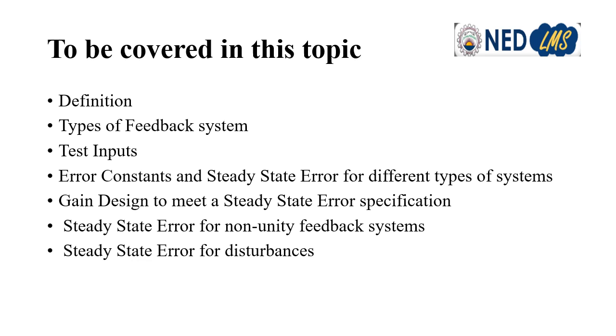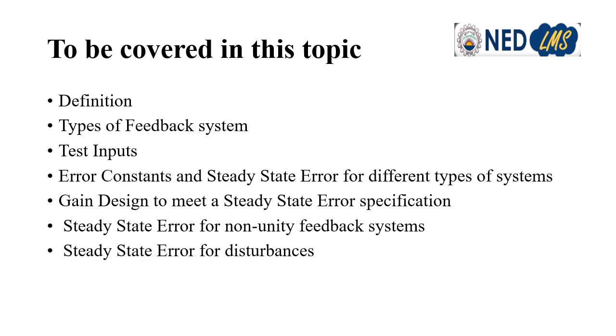Next we will study the test inputs, how many test inputs we use, and then we will see what the value of the steady state error is for different types of inputs and for different types of systems. We'll also study the error constants to study the magnitude of the steady state error for different types of systems and inputs.